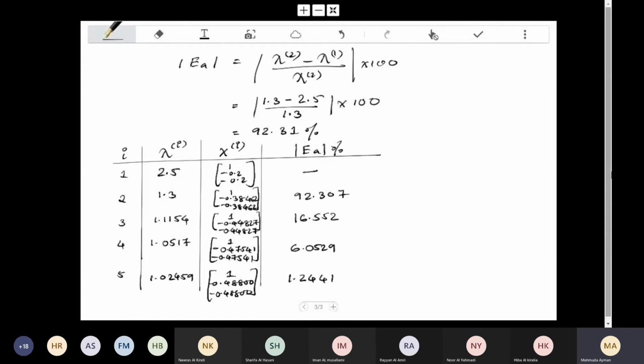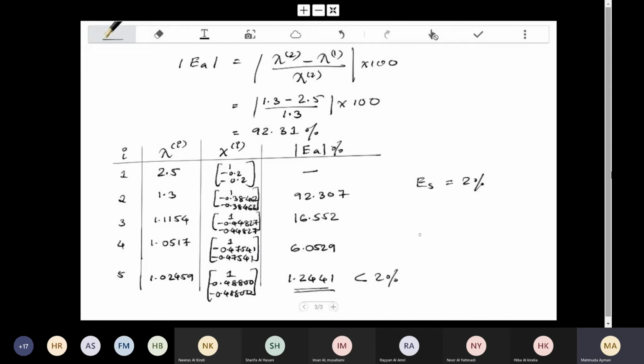So let's say that we were given the tolerance Es to be, let's say, 2%. So this value here is less than 2%, so we can stop here in that case if the tolerance was given to you as 2%.